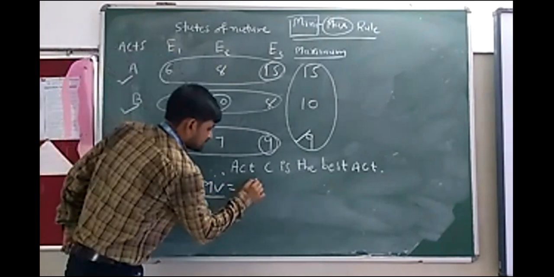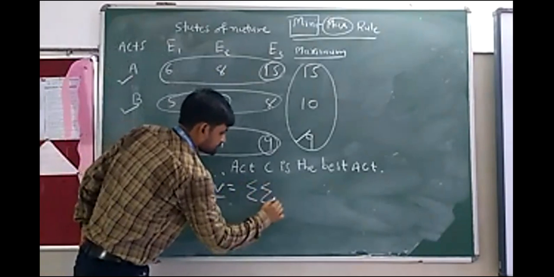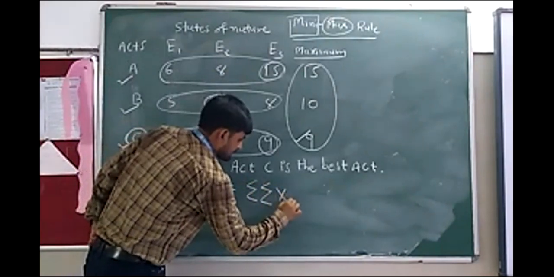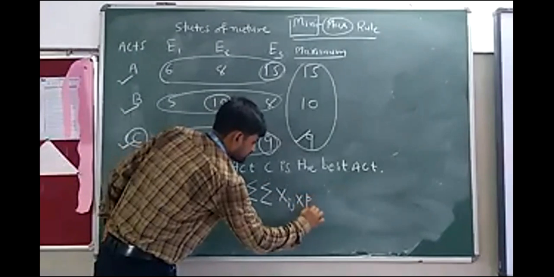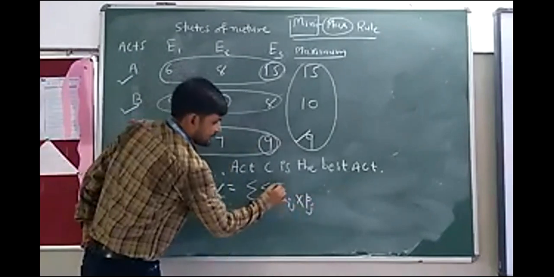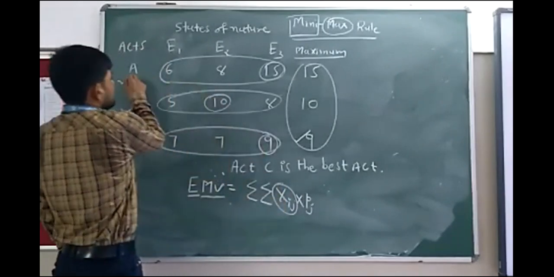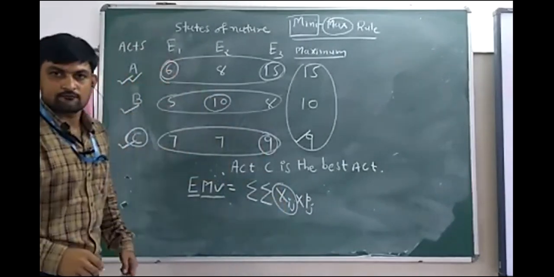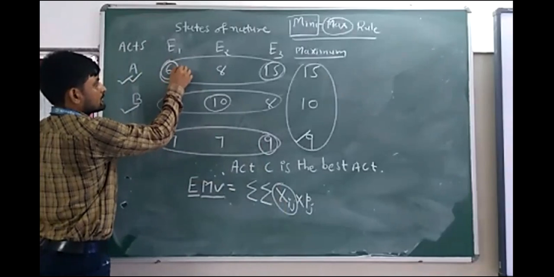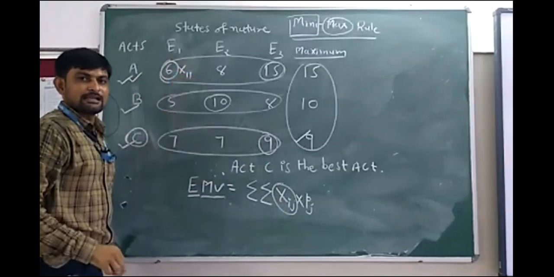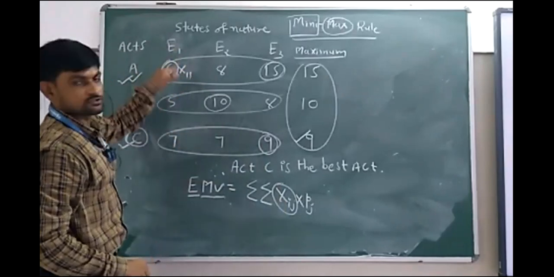The formula is double summation Xij into Pj, where Xij is nothing but the profit of the particular act for the particular state of nature. For example, this 6 rupees is called X11, that means the profit of first row, first column.